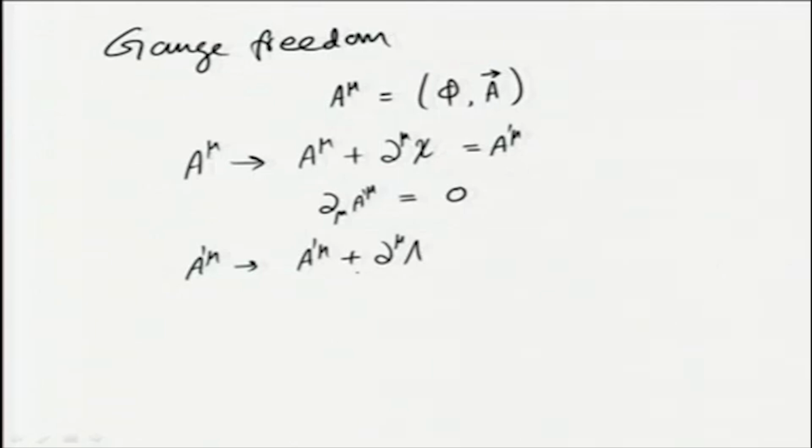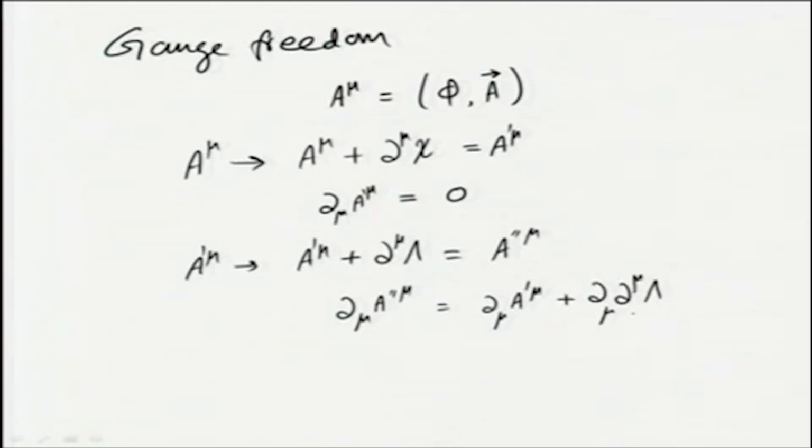But we have to check whether the divergenceless condition of A prime mu is also conserved. If you take the divergence of the new field A double prime mu, then we have the divergence of A prime mu plus dou mu dou mu of lambda.